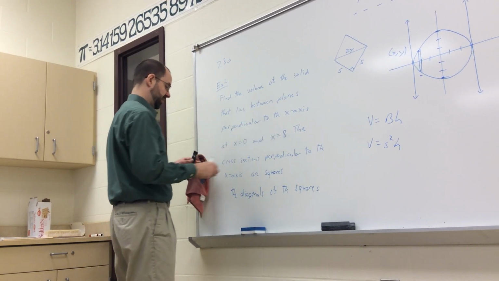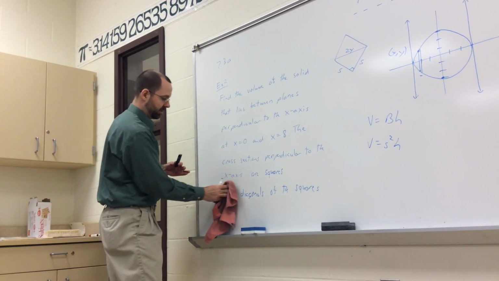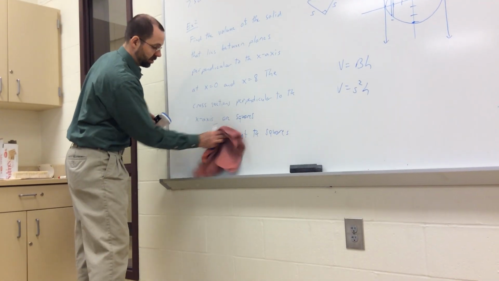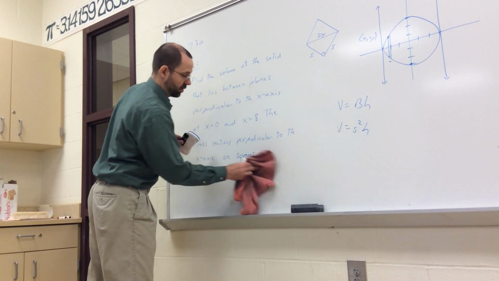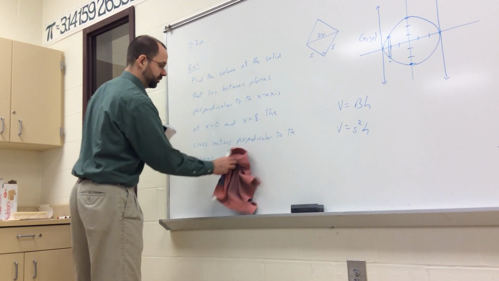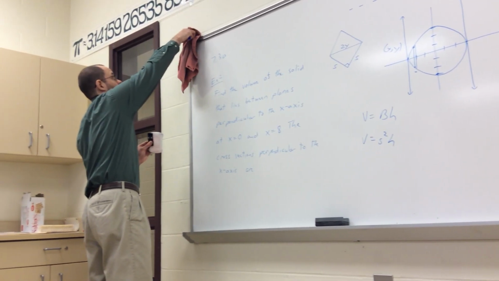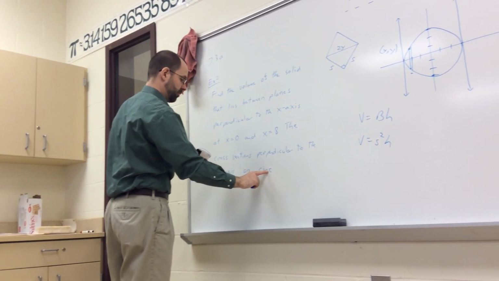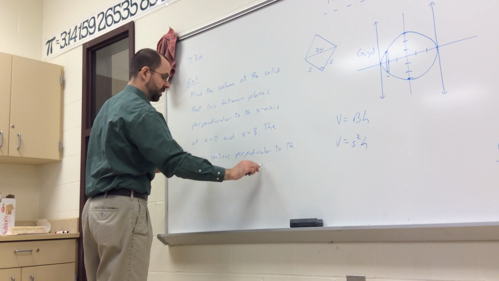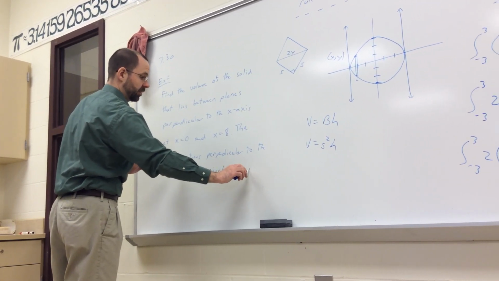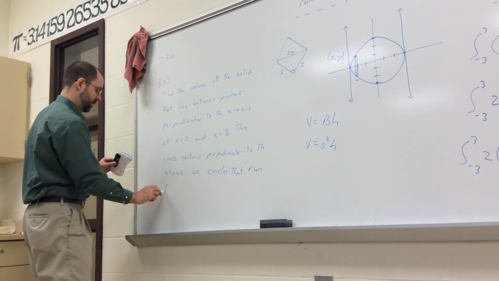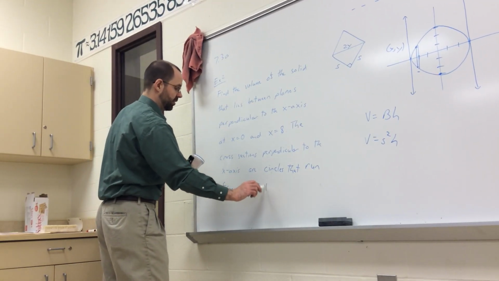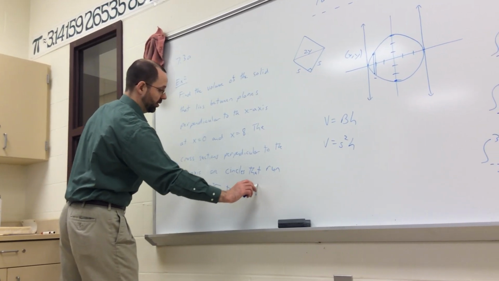And the cross sections perpendicular to the x-axis are circles that run from y equals the cube root of x to y equals the negative cube root of x.